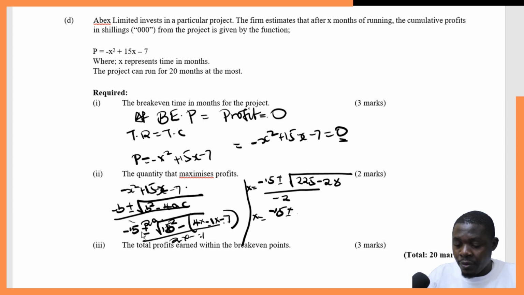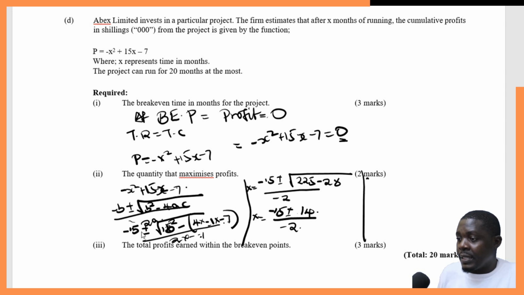Then we find the square root of the answer. The square root of 197, that is 14.0. Let's just use 14. Everything over negative 2. And this x is equal to negative 15 minus 14 over negative 2.